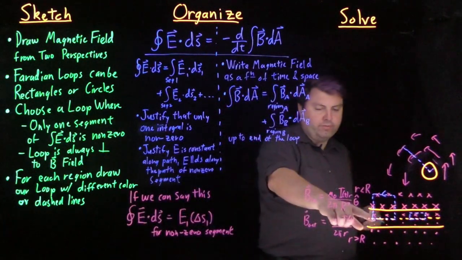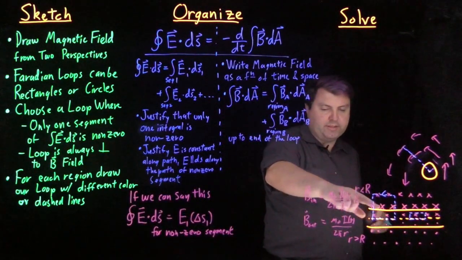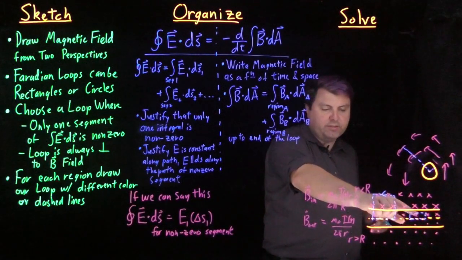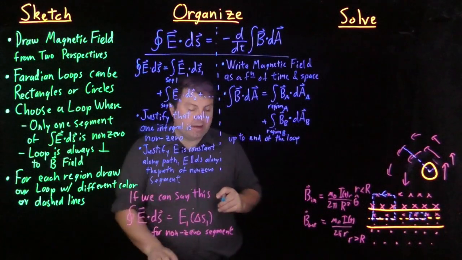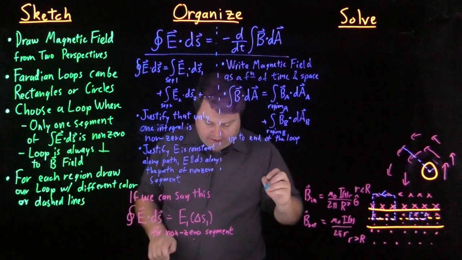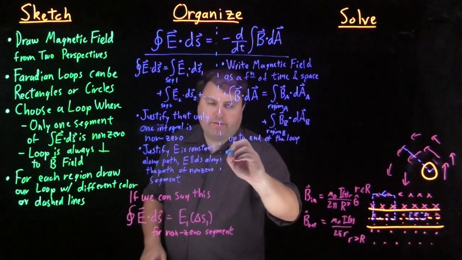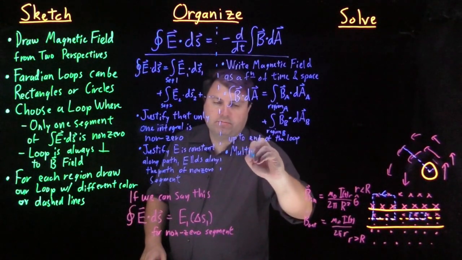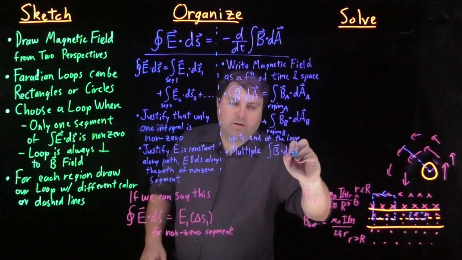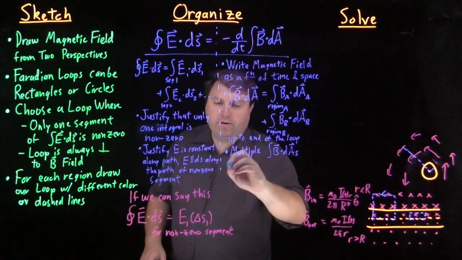So for this one, we would have this B inside plus the B outside, 2 different integrals. For this one, we end before we get to outside, so we just have the integral of B inside. So then we have all of this, and so we have multiple B dot dAs, 1 for each region.